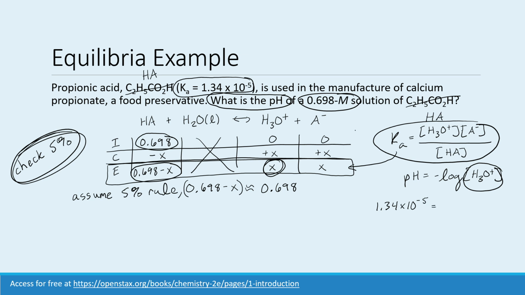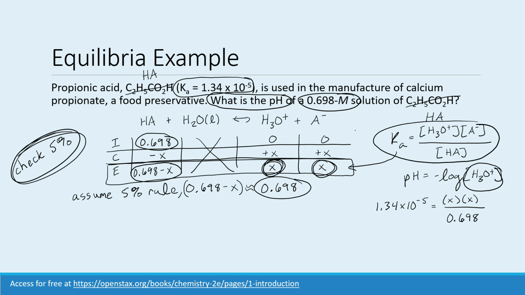And that is equal to our hydronium ion concentration times the weak base, which, remember, both of those are just values of X. So we get X times X, divided by the equilibrium concentration of the weak acid, which we're going to assume is the same as the original concentration of that weak acid. And so we're going to plug that in as 0.698 and ignore the minus X part.